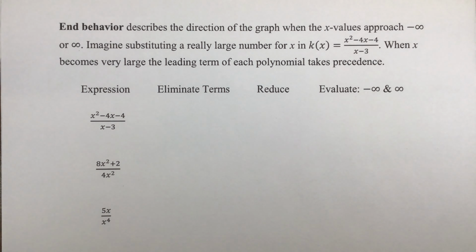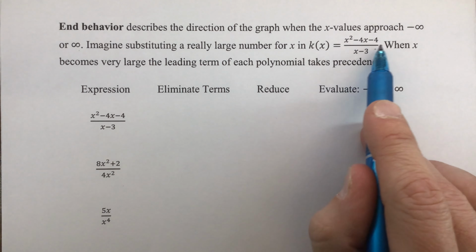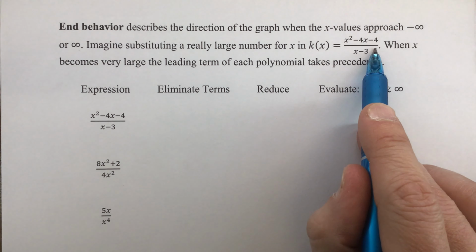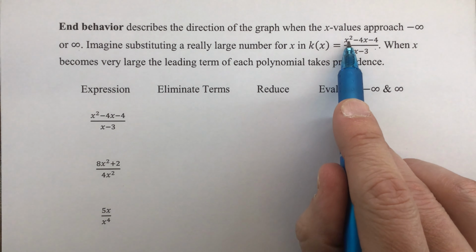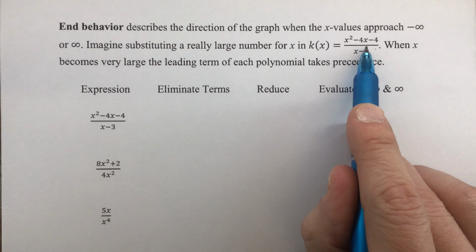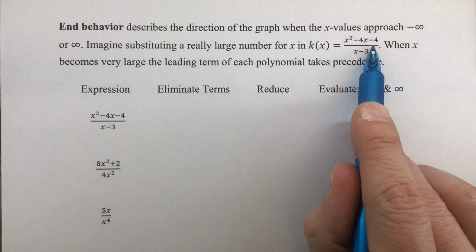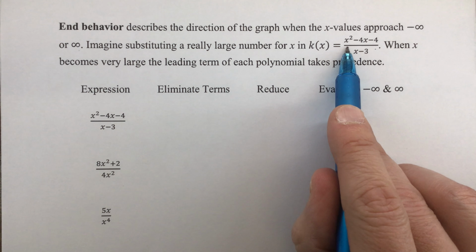Okay, when x becomes very large, the leading term of the polynomial is going to take precedence. Okay, just consider the top for right now. When you plug in really large values of x, you're going to have that value squared here. You're going to have it multiplied by -4, and then you're going to have this -4. Okay, so consider plugging in 1,000. If you were to plug in 1,000, 1,000 squared is going to be 1,000,000.